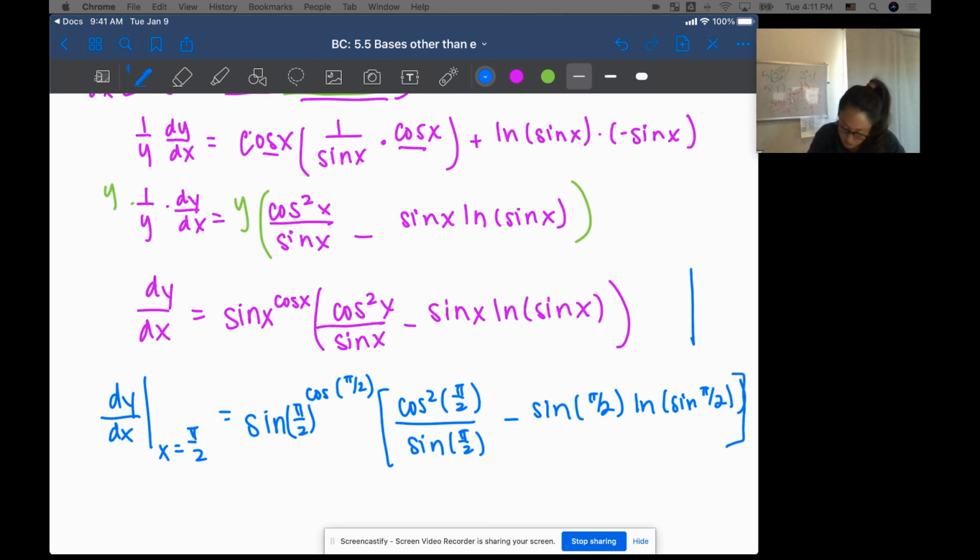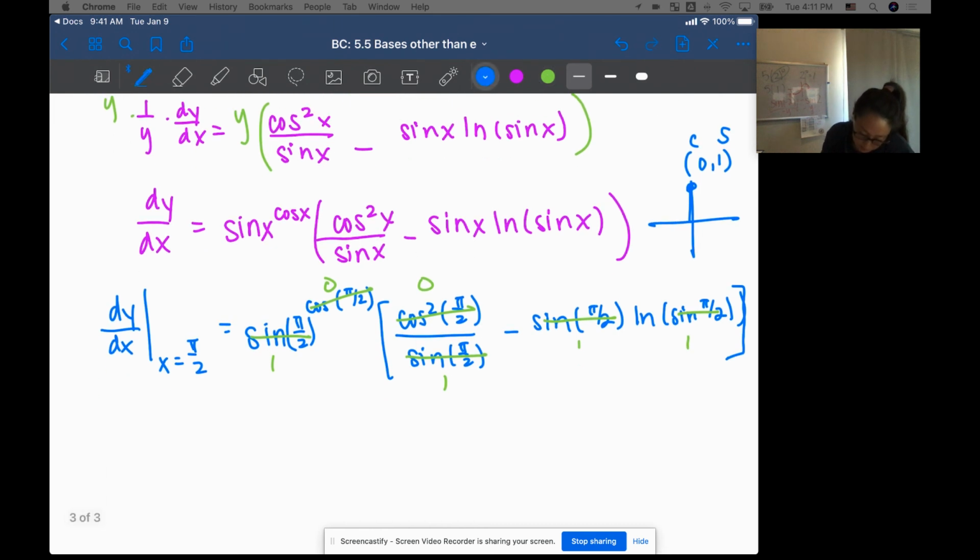Okay, and I just remember at pi over 2, the ordered pair is (0, 1). So cosine of pi over 2 would be 0, and the sine of pi over 2 would be 1. So anything that is a cosine is going to turn into a 0. Anything that is a sine is going to turn into a 1.